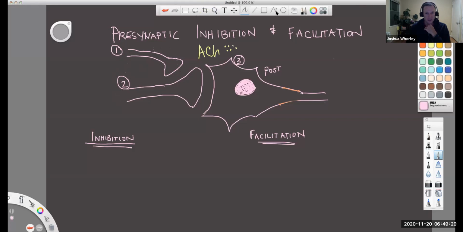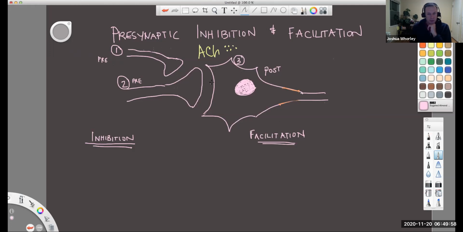So this is presynaptic neuron number two. This is also a pre, and then this is our postsynaptic neuron. Presynaptic neuron 2 actually does synapse on the cell body of this third neuron, the postsynaptic neuron. Okay, so this is the wiring.